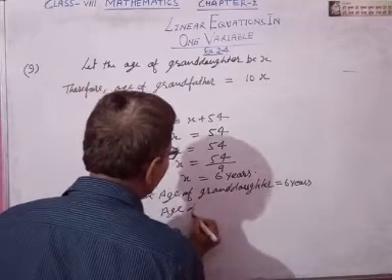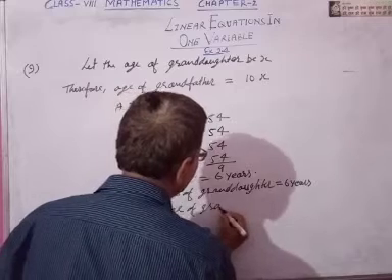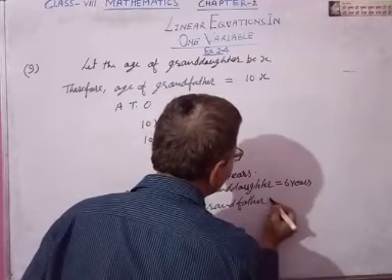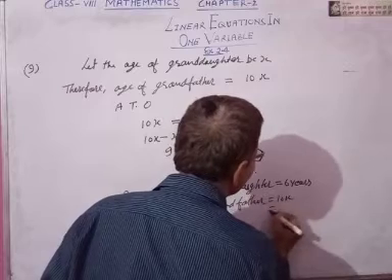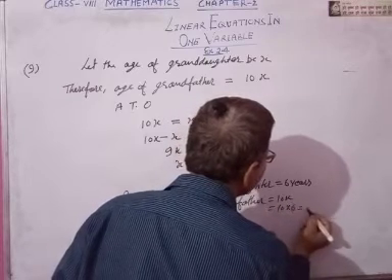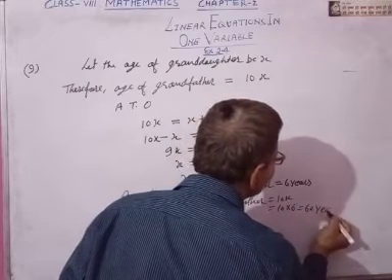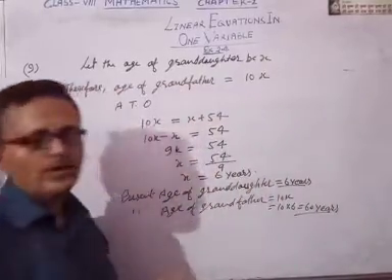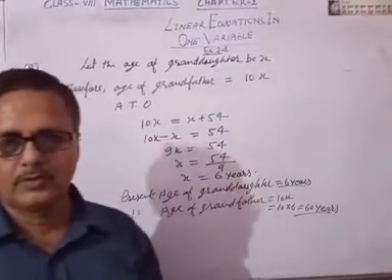Present age of grandfather equal to 10x, that is 10 into 6, that is 60 years. Grandfather is 60 years old and granddaughter is 6 years old.